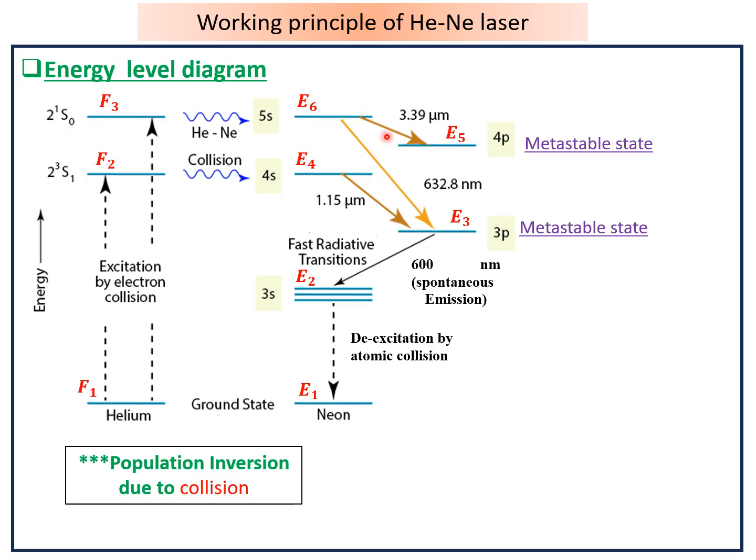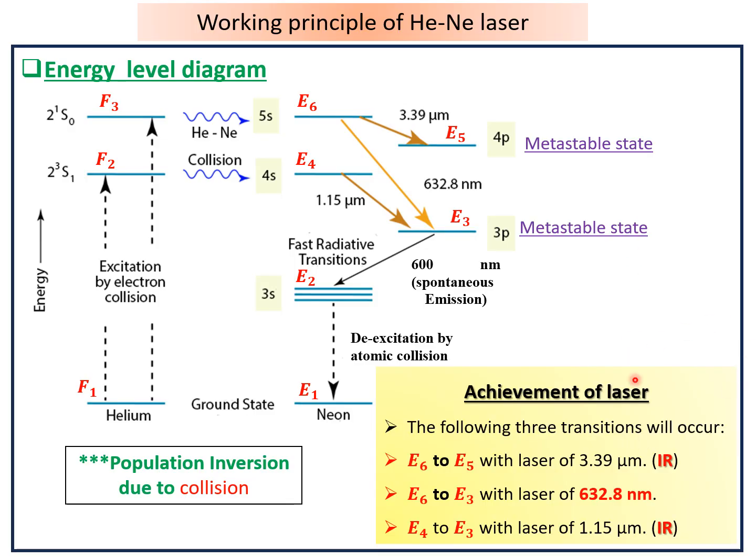The various transitions between different pairs of levels lead to the emission of radiation of different wavelengths. From E6 to E5, the laser wavelength is 3.39 micrometer, which is in the IR range.